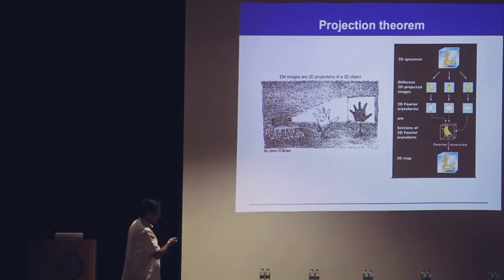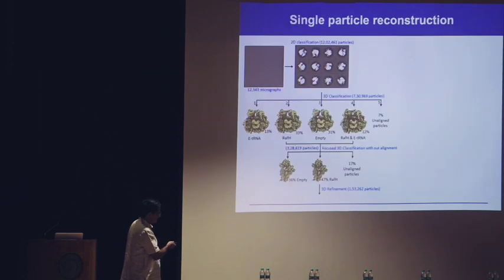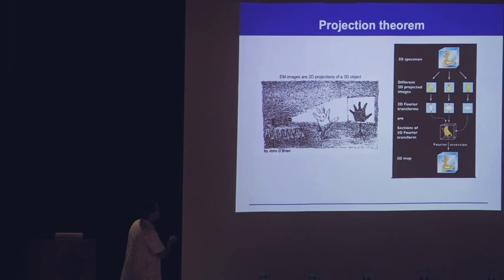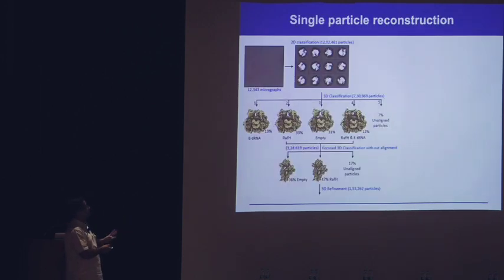And these 2D slices will always be a central section in your 3D Fourier transformation. Okay, this is the concept behind the EM image. Whatever 2D images we get, then we do the 3D only because this projection theorem is involved, nothing much.